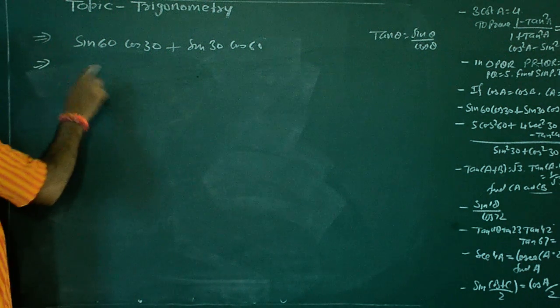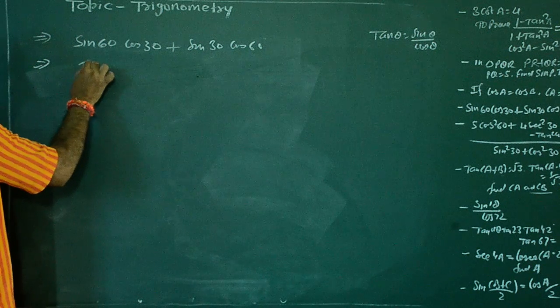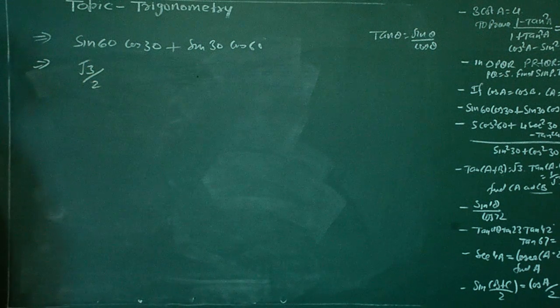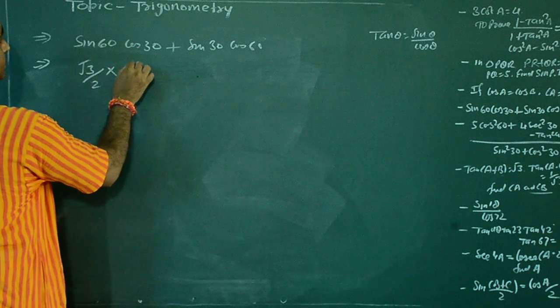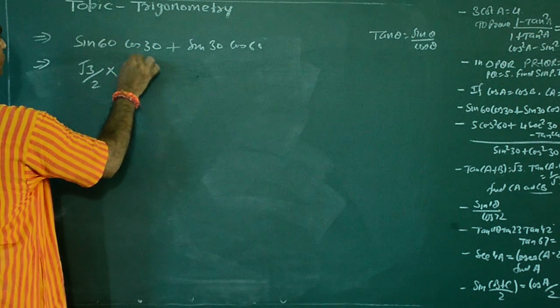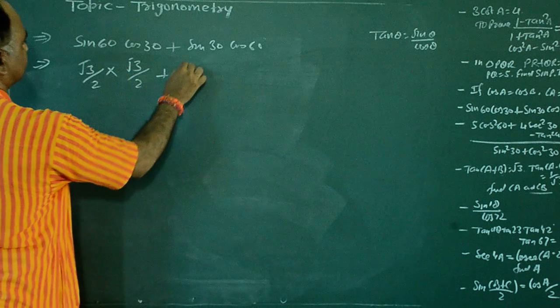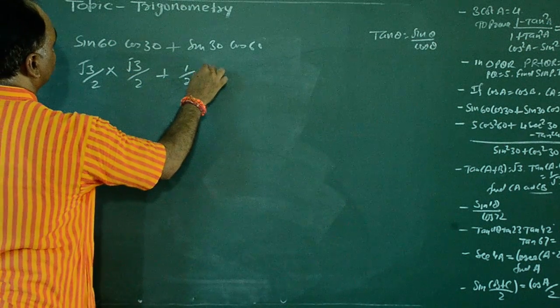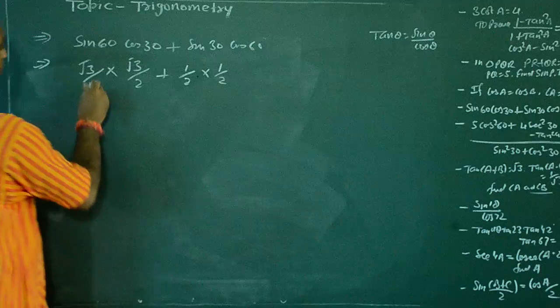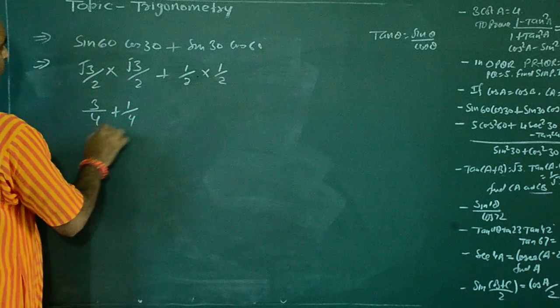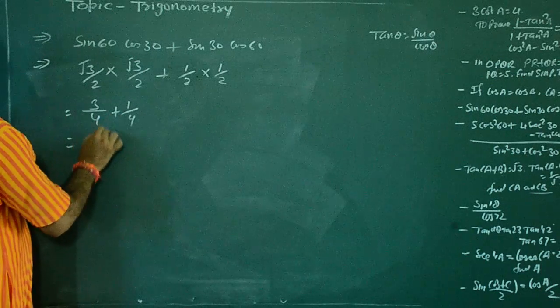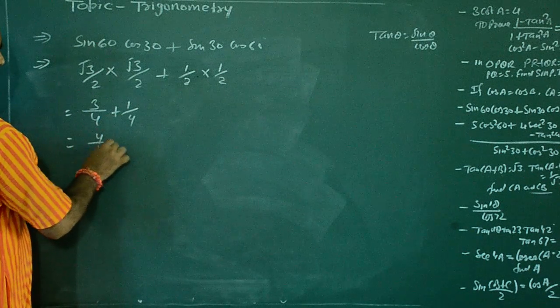Sin 60 is root 3 upon 2, cos 30 is root 3 upon 2, sin 30 is 1 upon 2, cos 60 is 1 upon 2, so root 3 upon 4 plus 1 upon 4, then 3 plus 1 is 4 upon 4.